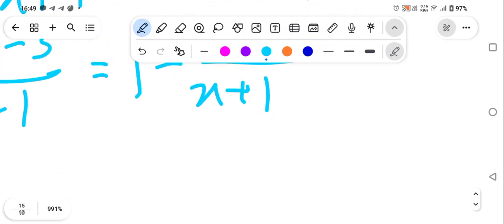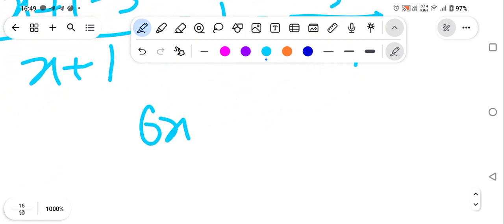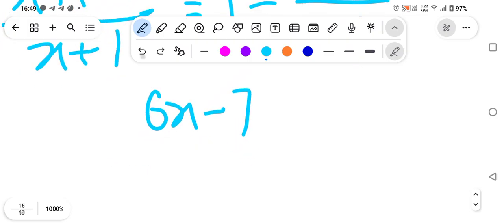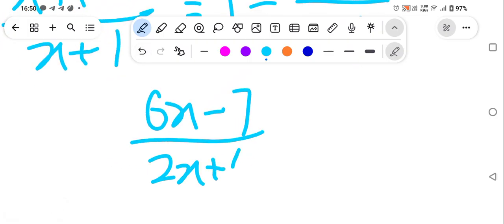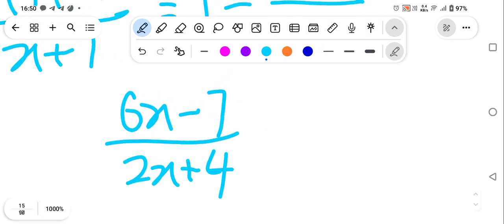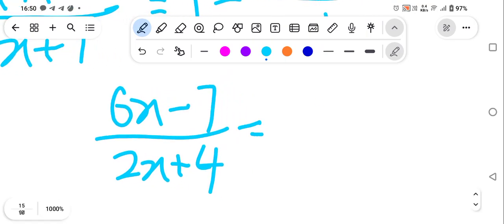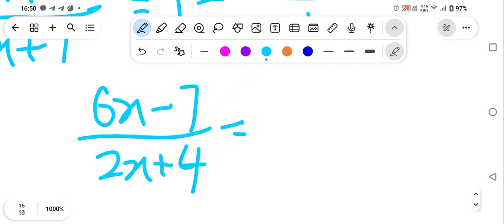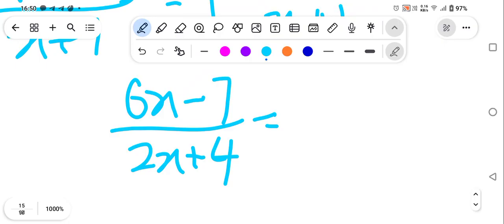So I'm going to give another example. I have 6x plus 7 divided by 2x plus 4. Even though this looks very difficult, trust me, it's going to be very easy. So we're going to find out that this is plus 3.